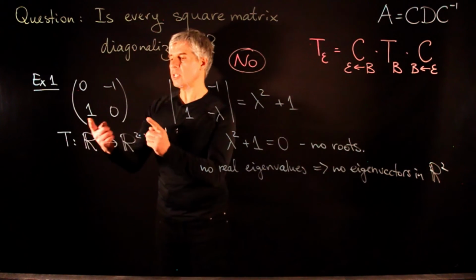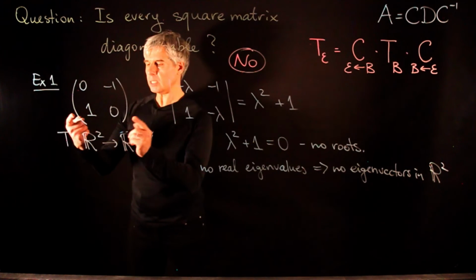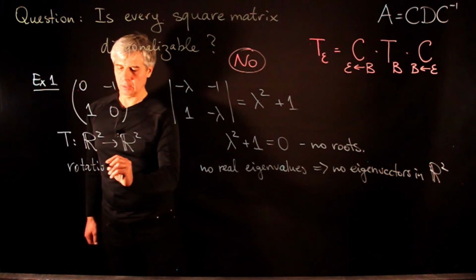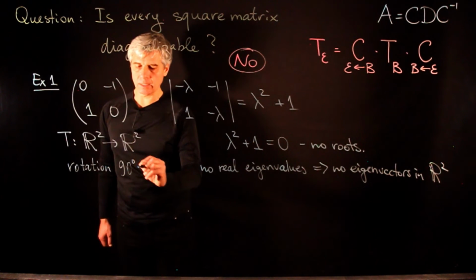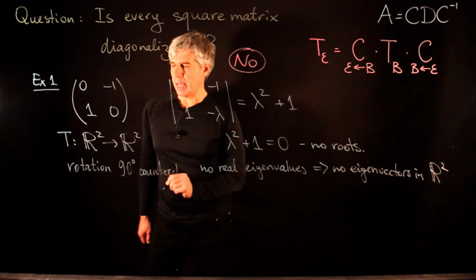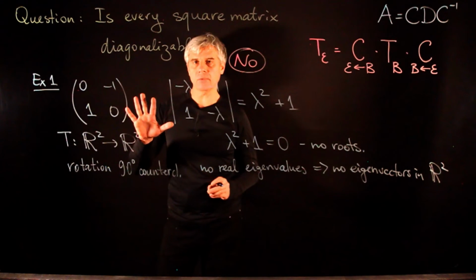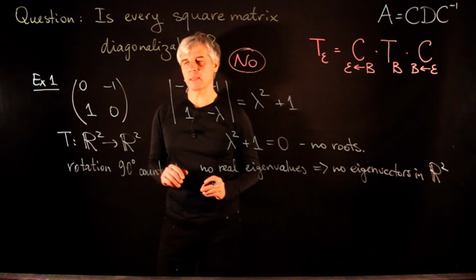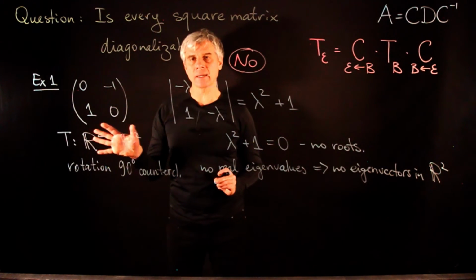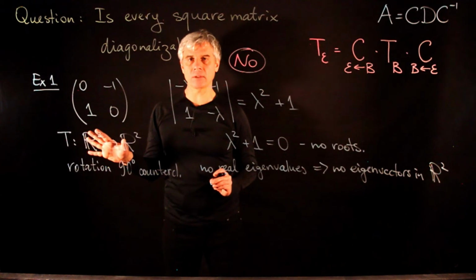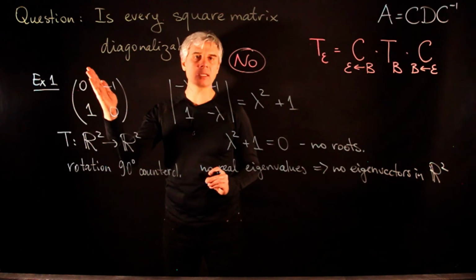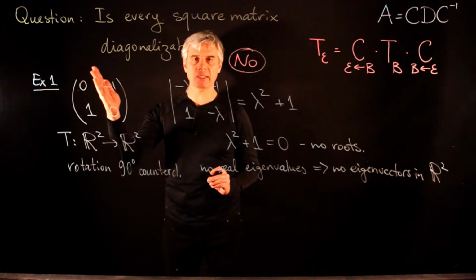And in fact, we can generalize this example, because this matrix is a rotation matrix by 90 degrees counterclockwise. And we can see that if we take a rotation operator of a plane by any angle which is different from 0 and from 180, then there will be no eigenvectors, because every vector is going to be rotated and it's never going to go to a multiple of itself.